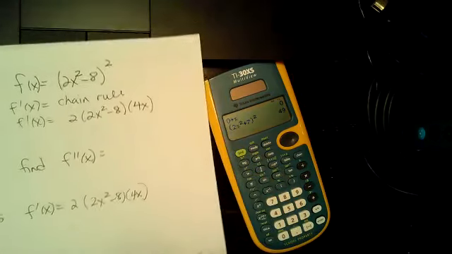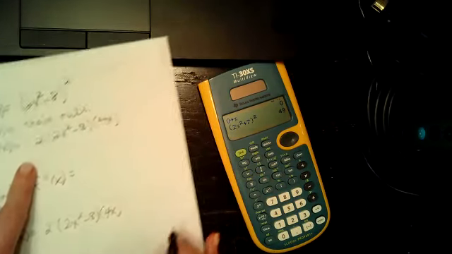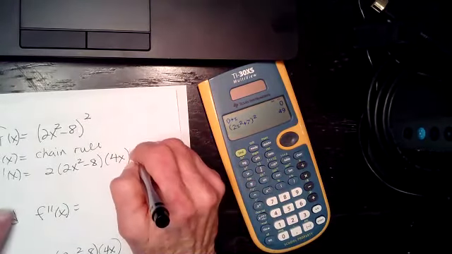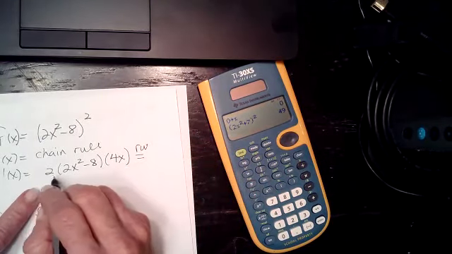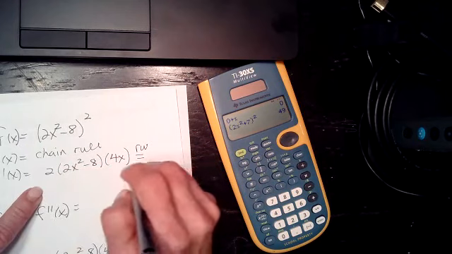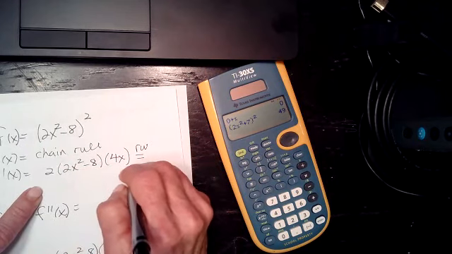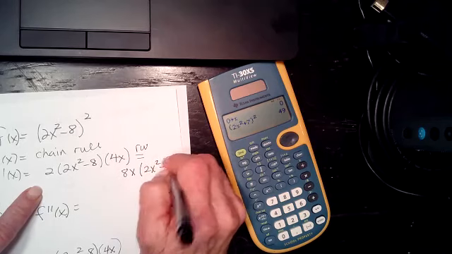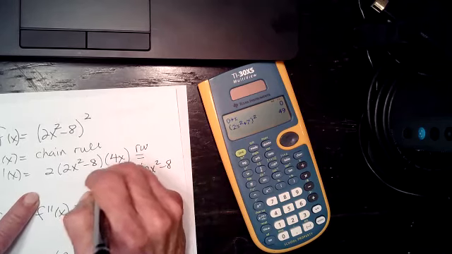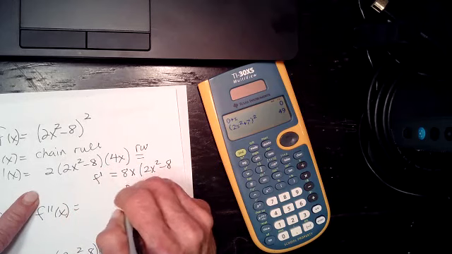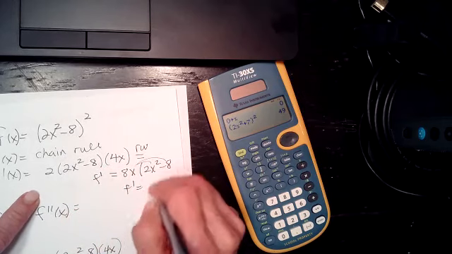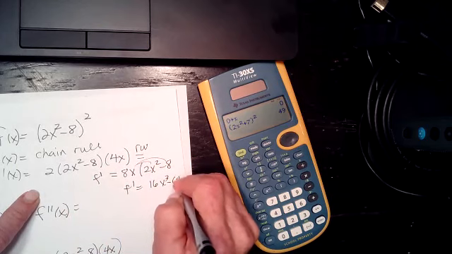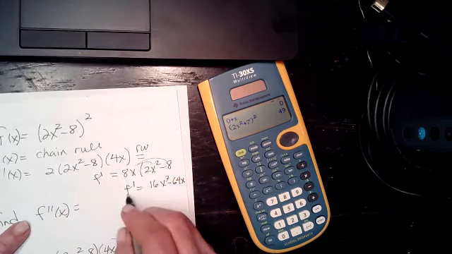But to find the second derivative, I'm going to rewrite this. I'm going to multiply the 2 times the 4x and get 8x times 2x squared minus 8. That's f prime. Then I'm going to distribute: 16x cubed minus 64x. So now I have a polynomial.